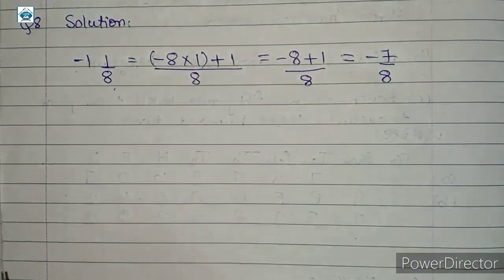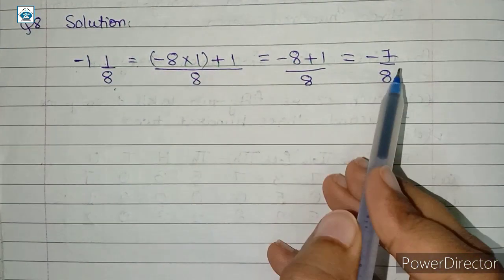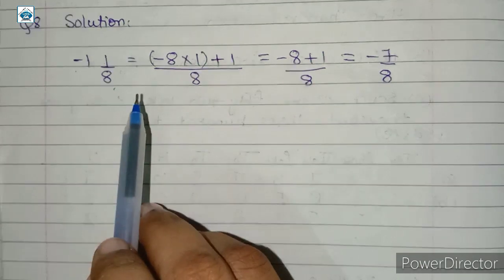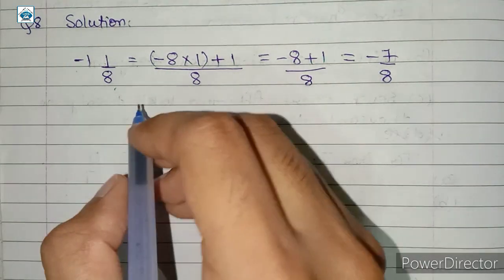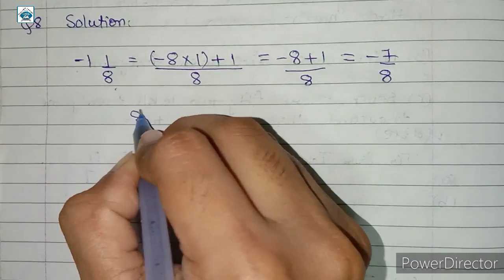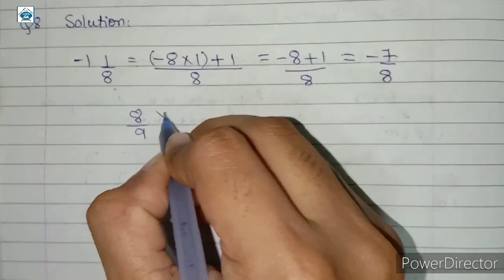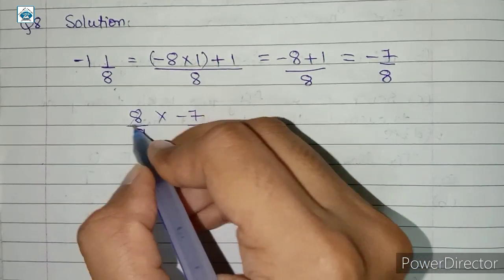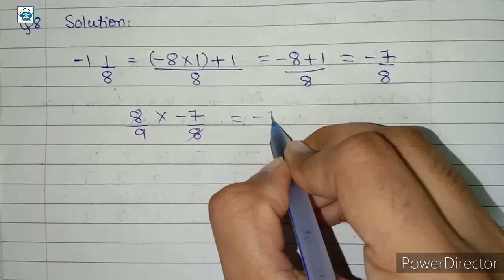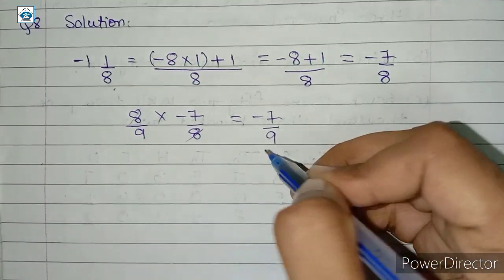Now for multiplicative inverse, when we multiply this with 8 by 9, we should get the answer equal to 1. So when we multiply 8 by 9 with minus 7 by 8, the 8's get cancelled and the answer is equal to minus 7 upon 9.